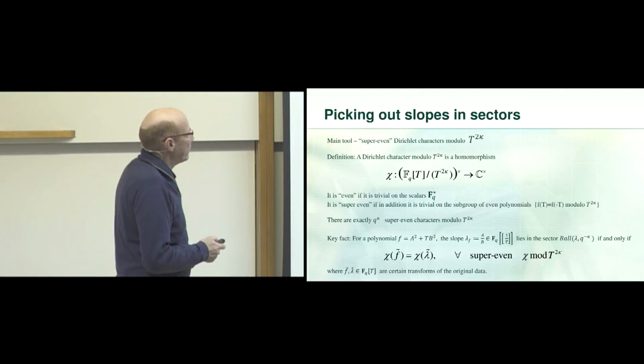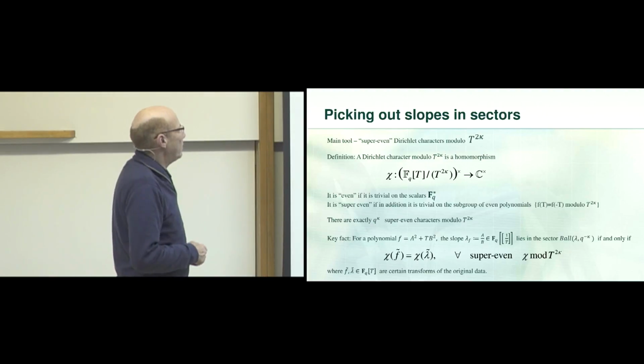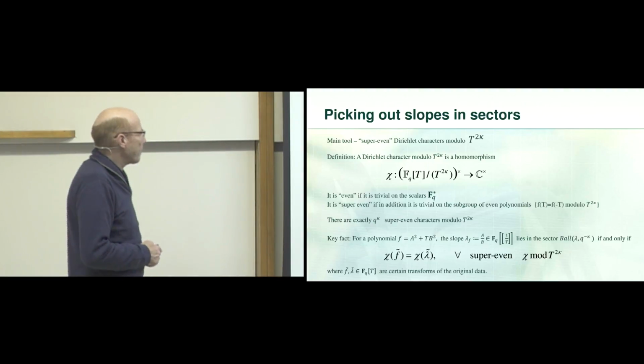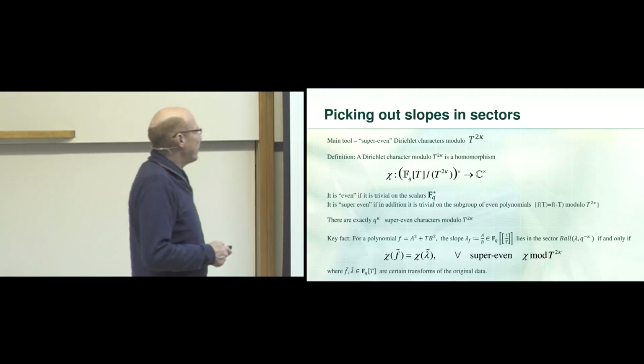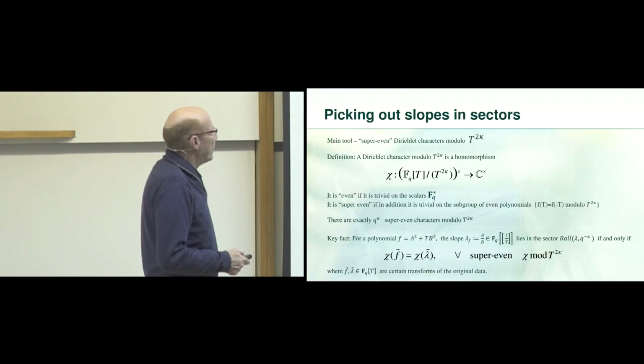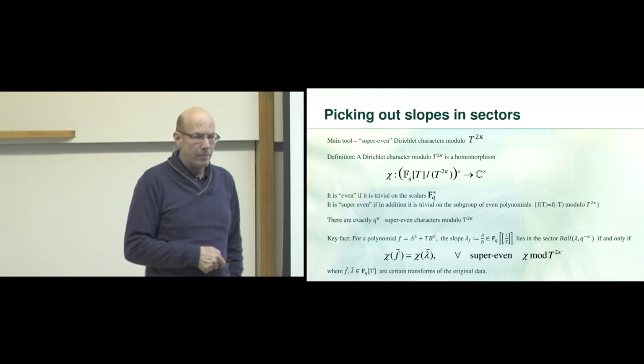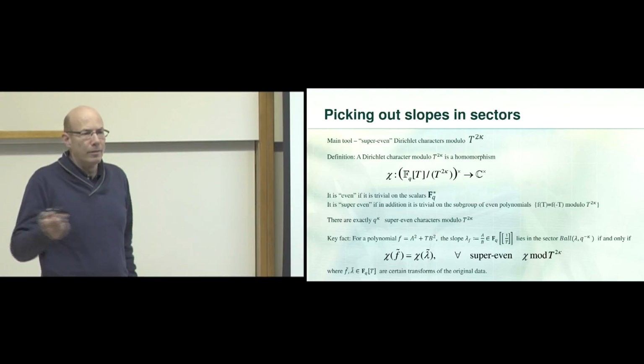We're looking at Dirichlet characters modulo t to the 2 kappa, which are even in the sense that they are trivial on the scalars, as in Will's lecture. And in addition, we call them super even if they are trivial not only on the scalars, but on all even polynomials. This is what the theory gives you.